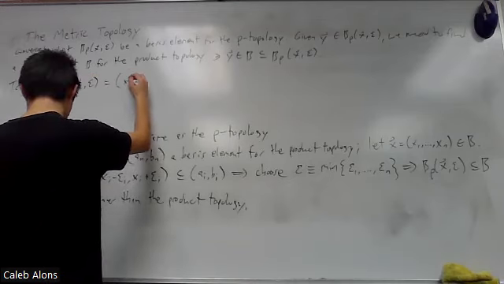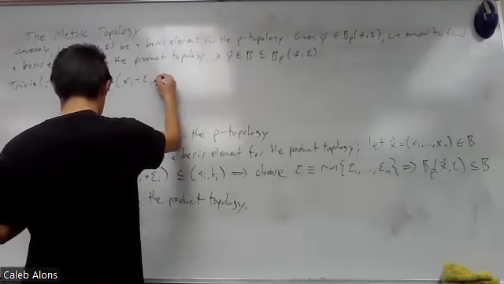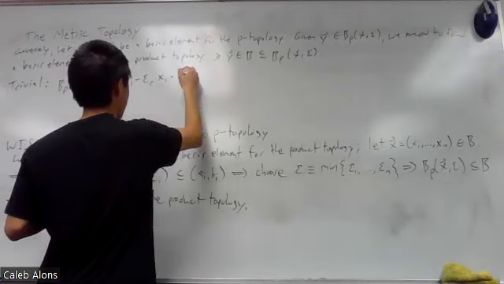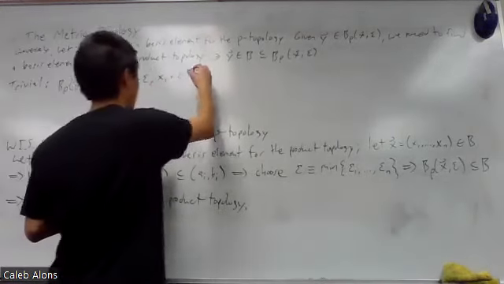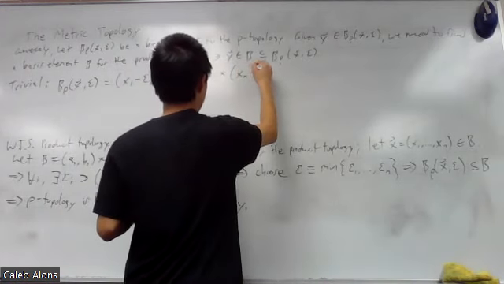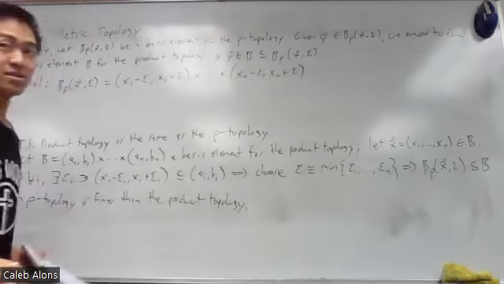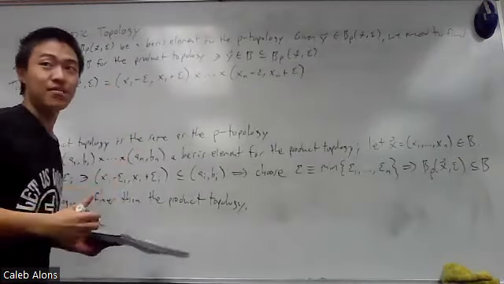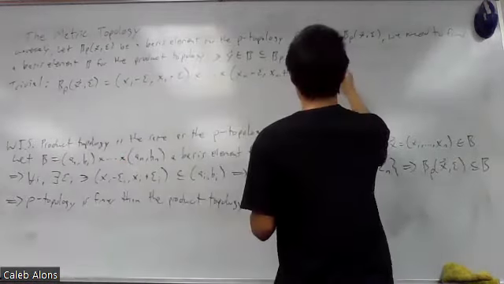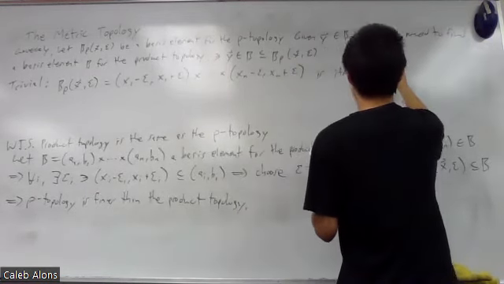It's just x1 minus epsilon to x1 plus epsilon, all of these intervals going across, up to the nth one, xn minus epsilon to xn plus epsilon. These are all open, so this is already basically itself. So this is itself a basis element.